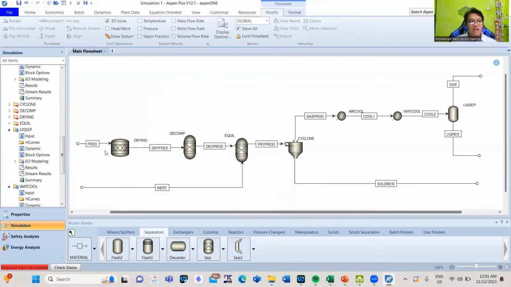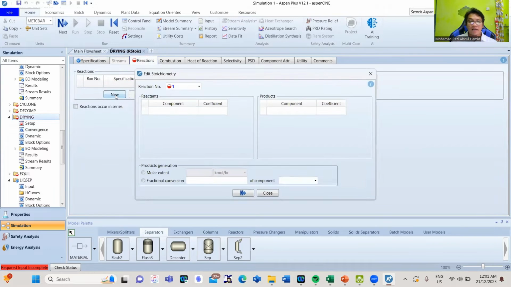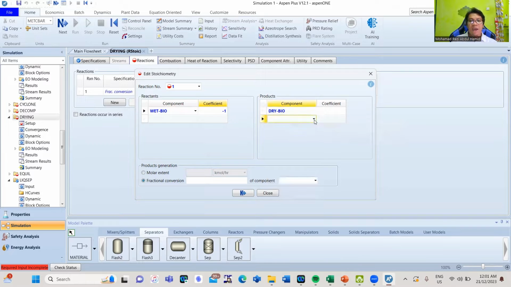Next, I'm going to start my drying process. So double click. My drying process occurs at 150 degrees Celsius and 1 bar. All right, here's my reaction. If you see the slide, wet biomass, coefficient of 1, is converted into dry biomass and water, basically your moisture.